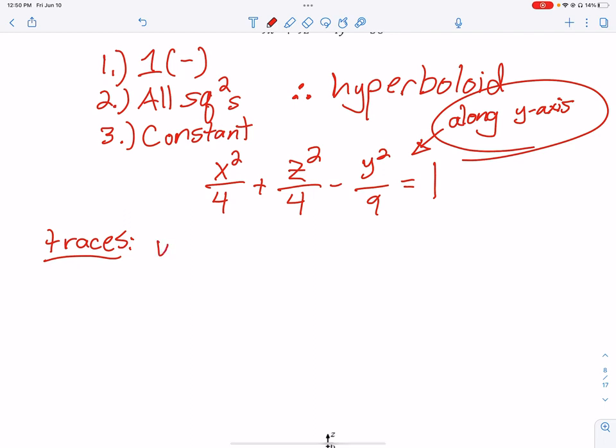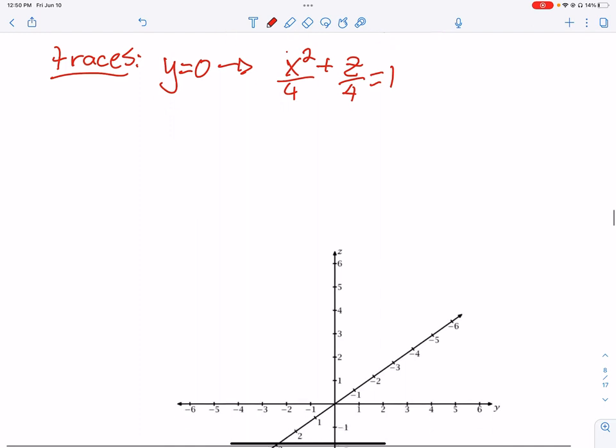So the first trace we're going to do is y equals 0. If y equals 0, then we got x squared plus z squared, these are still over 4, equals 1. Well, that's just a circle, right? It's an ellipse, but both are perfect. Okay, so we have that trace. Let's go ahead and graph that. I'm going to do that down here.